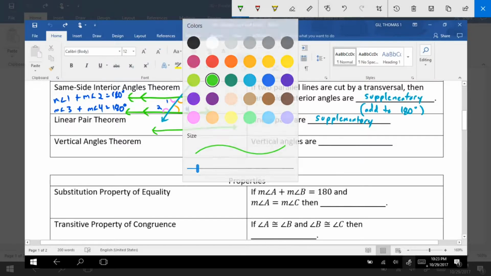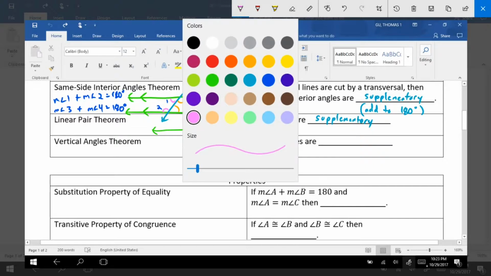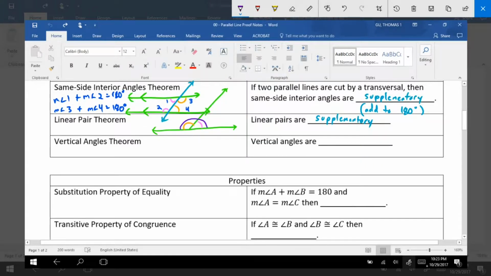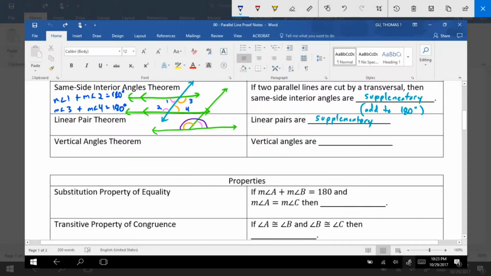So like this, we've got angle 1 and angle 2, and as you can see, they add up to create this whole line. That means if I were to label them angle 1 and angle 2, then the measure of angle 1 plus the measure of angle 2 equals 180 degrees.